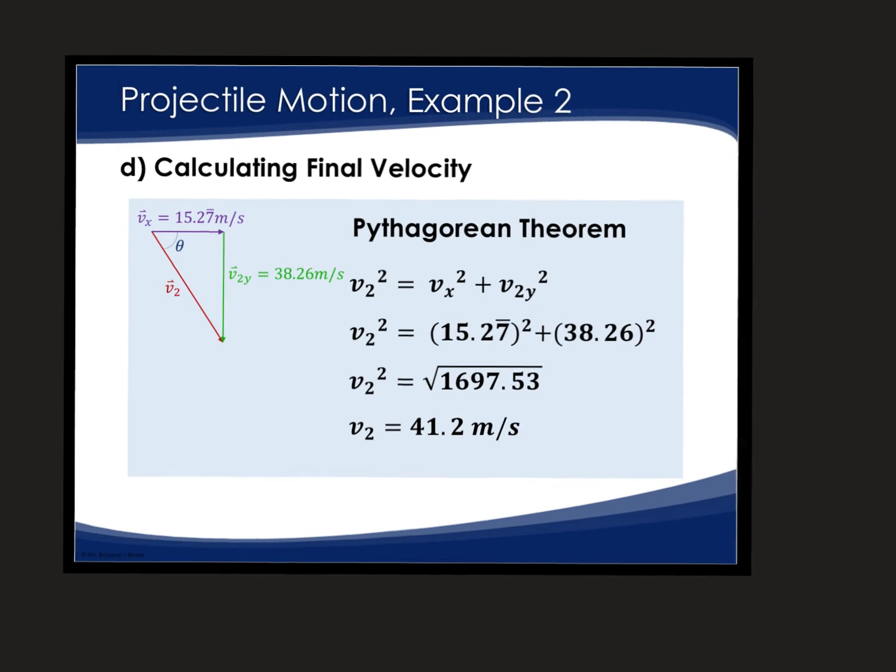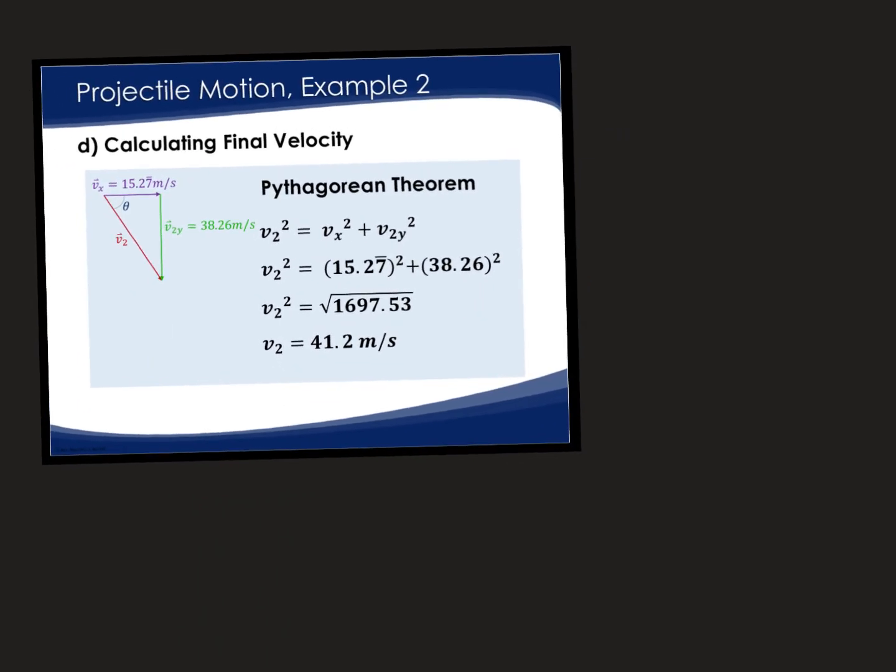Okay, so to find our final overall velocity, your initial horizontal is going to stay the same, so that's our 15.27. Our final vertical was 38.26. So then you just use Pythagorean theorem to find it.